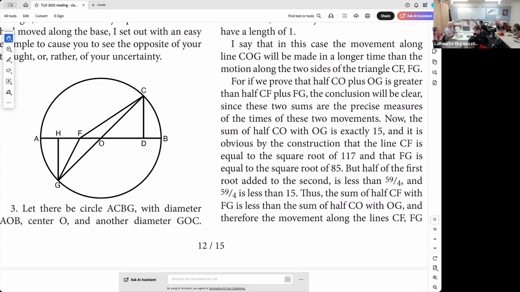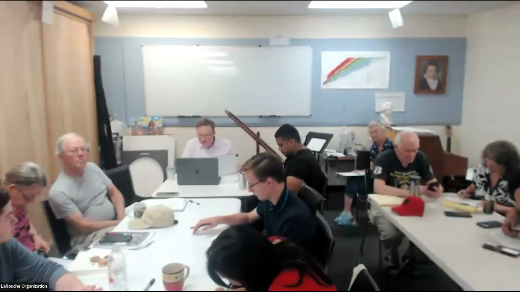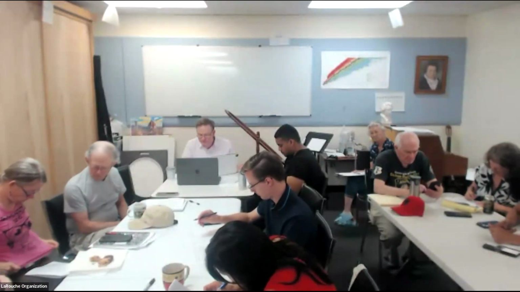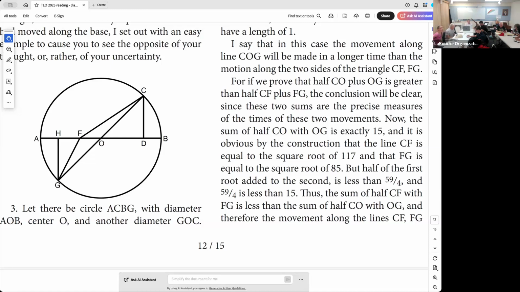Okay, so I'm going to switch and draw this here. Oh, this isn't showing up, is it? You can't see the circle that I'm drawing?